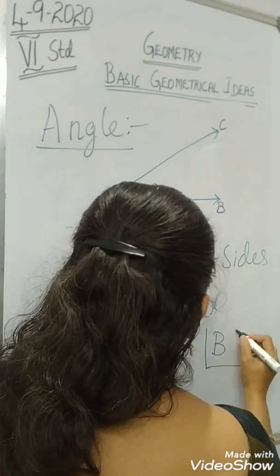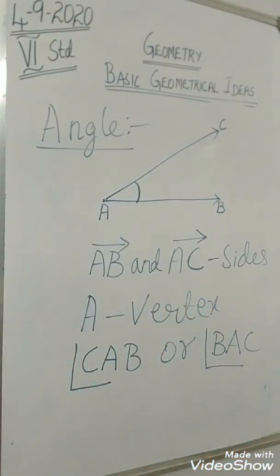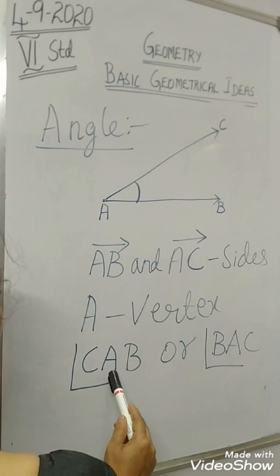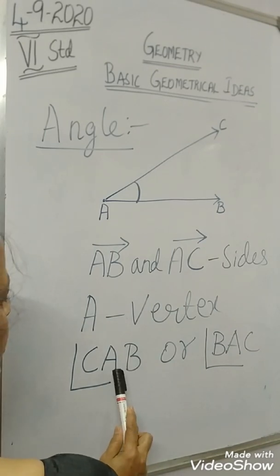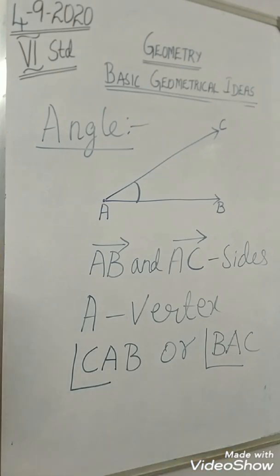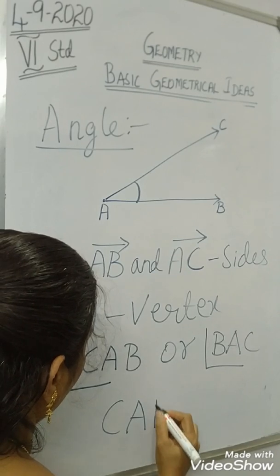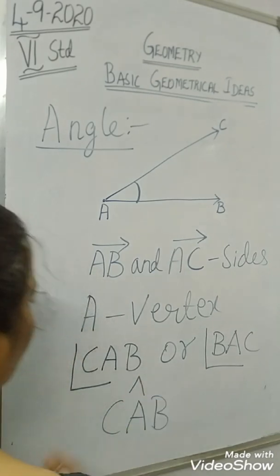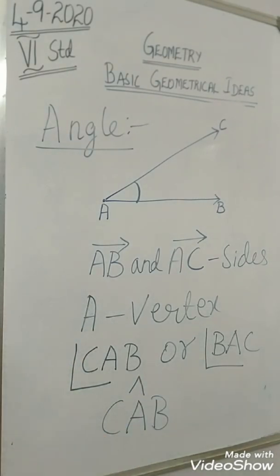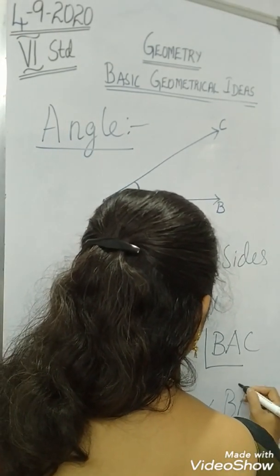Angle BAC. Both are same. Wherever the angle is formed or the vertex where the angle is formed should be in the center when you write the angle. This is the symbol for angle. There is another symbol you can write. You can put a cap for A. This is also the symbol for angle. Or you can write it as BAC.